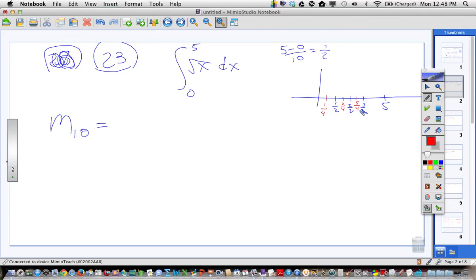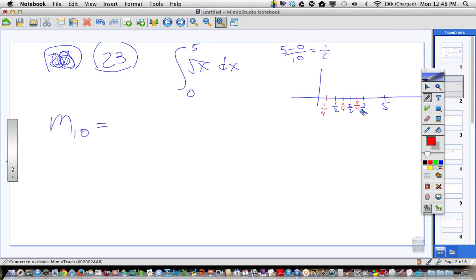And I need to write enough to get my pattern. But notice, from 1/4 to 3/4 is a width of 1/2, 2/4. From one midpoint to the next midpoint is your width. It should be the same as your delta x. It should be 1/2, which it is.